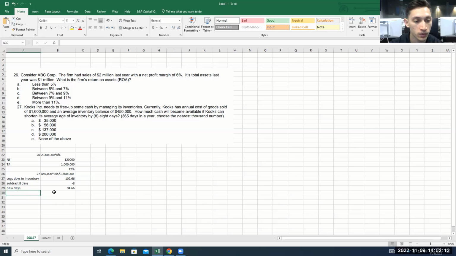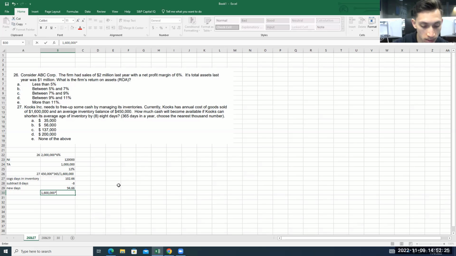So it's going to be 1,600,000 of our cost of goods sold times our new days of 94.66 divided by 365 days. That's going to be the formula. So if I go ahead and plug that in, this is going to be our new average inventory balance.